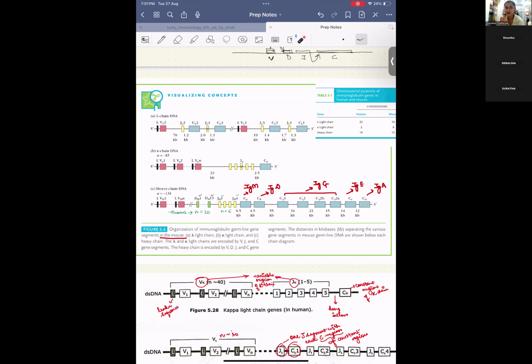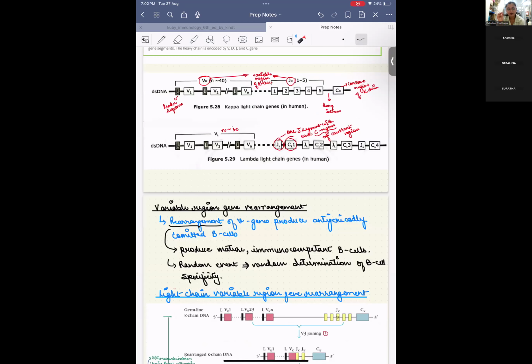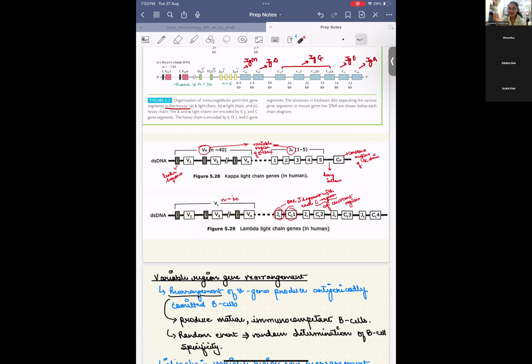And which constant region is participating determines the type of antibody. We'll discuss this further. But in class switching, the variable regions do not change. It is just the constant regions that change because of alternate splicing and recombination that happens, right?